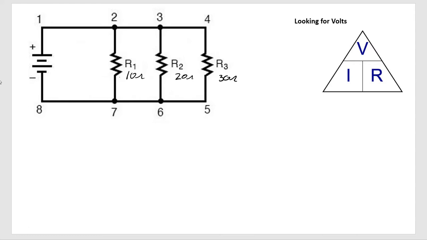And then I knew that I had 1 amp here. And let's just say I had 0.5 amps here, but I didn't know this one. But I did know the total amps, 1.833.